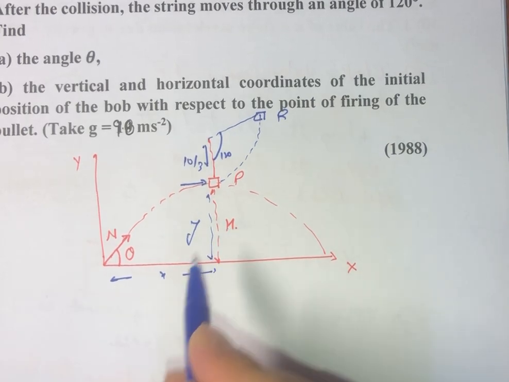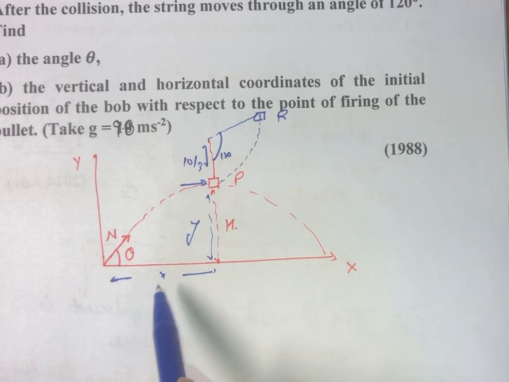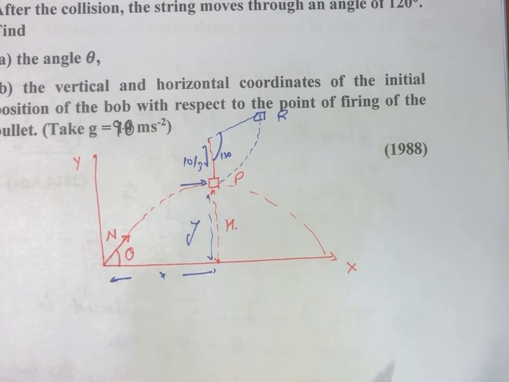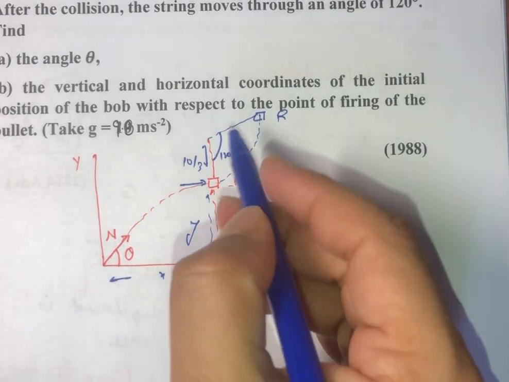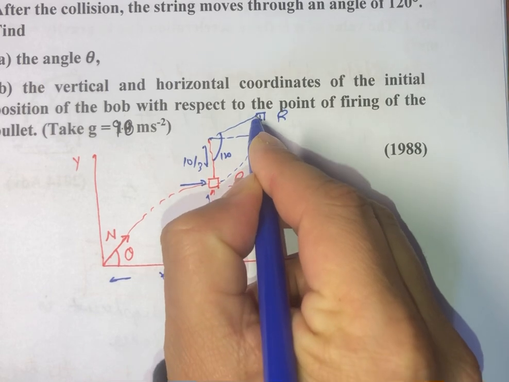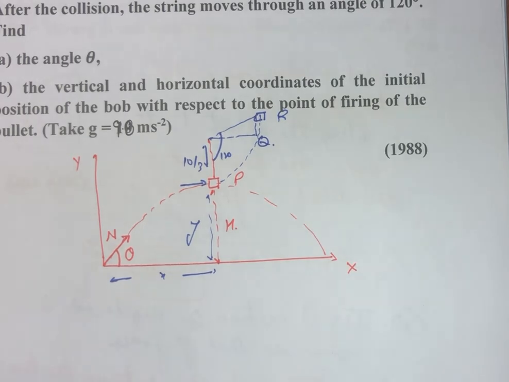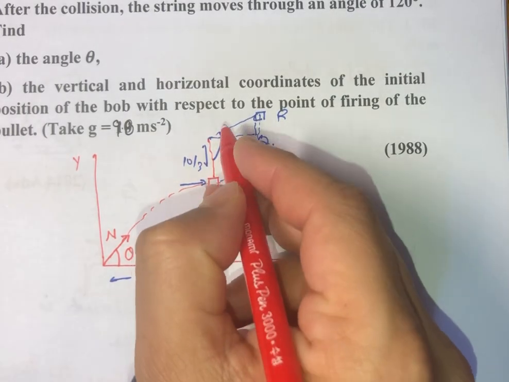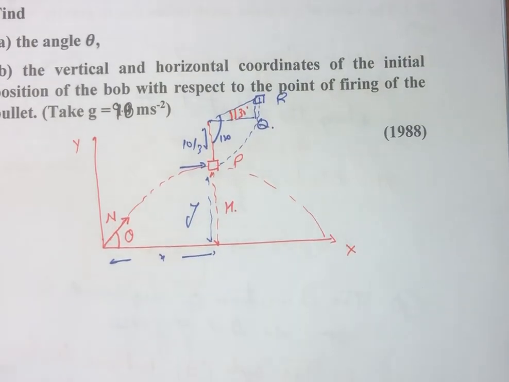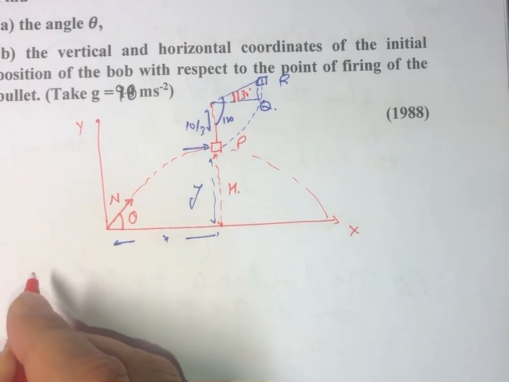So here y will equal h and x will be half of the range, because this is the highest point, so the coordinate of x will be half of the maximum range R. So let us say this is point Q. Therefore, this angle will be 30 degrees. So we can find out our RQ.